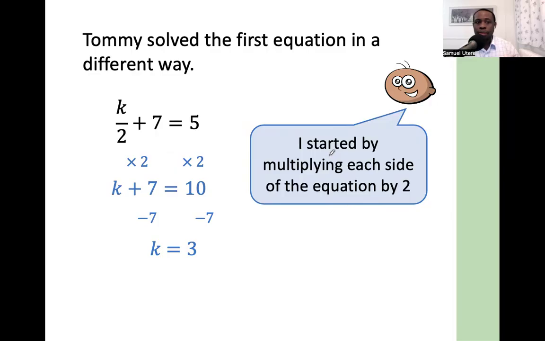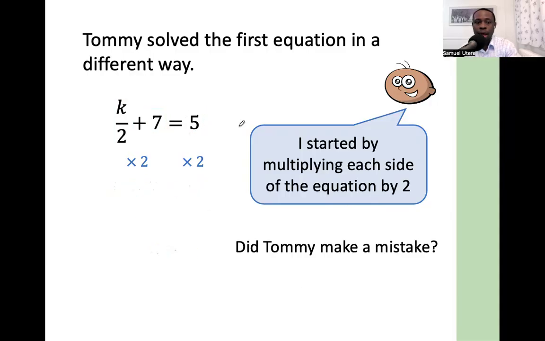But what Tommy forgot is that when you do this in an equation, you have to multiply each of the terms by 2. All right? Now, if you do that, you would see that we'll get exactly the same result that we got before. And this is what it should look like. And that gives us k equals negative 4.